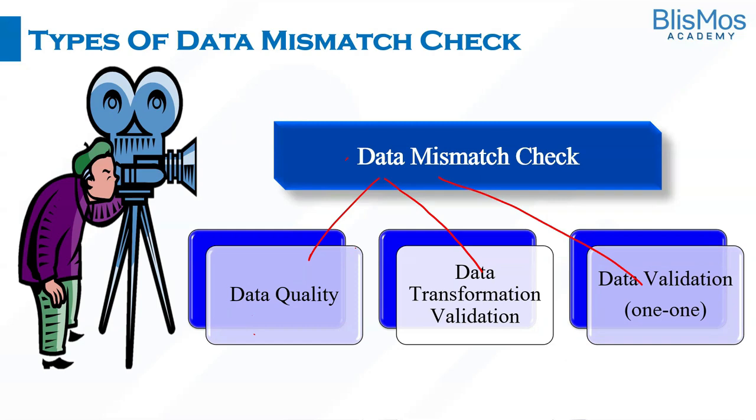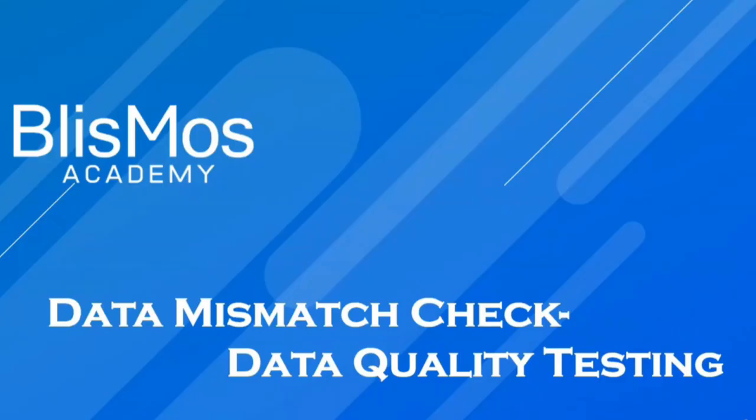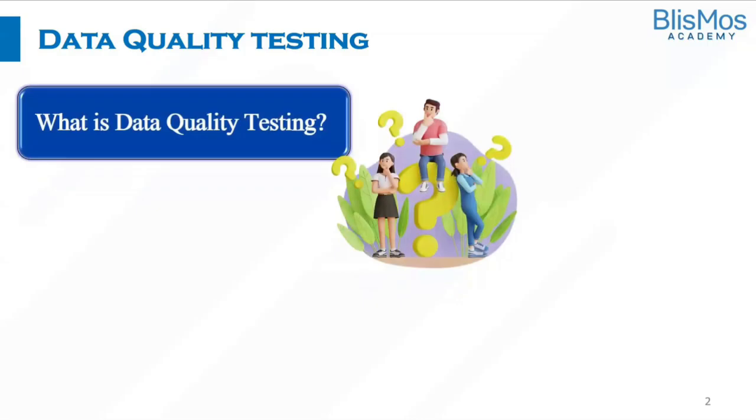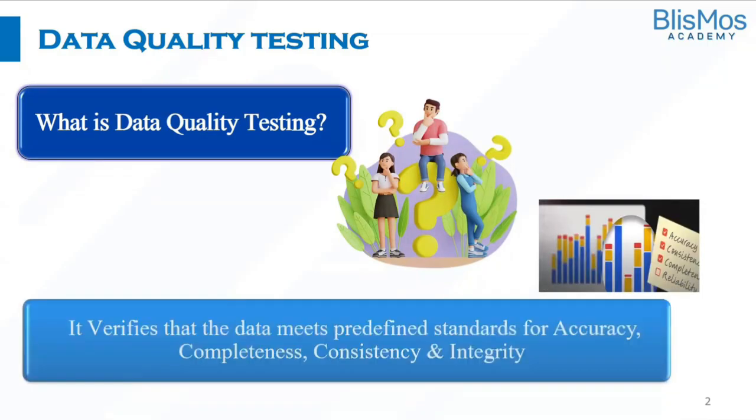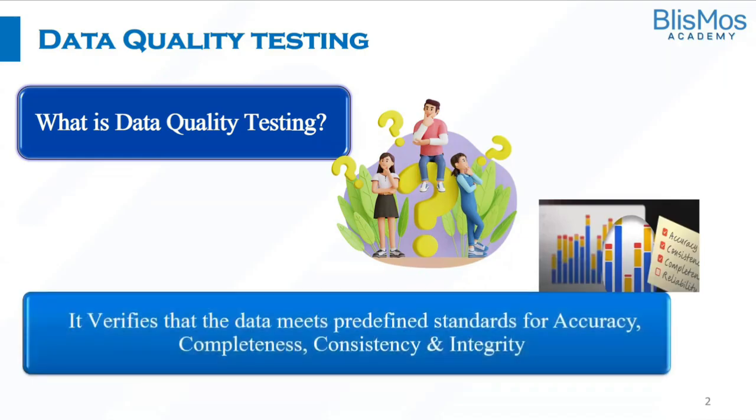This is one of the classifications which we have done based on our experience in data engineering and data testing. When I say data quality, what is data quality testing? Data quality testing verifies if the data meets predefined standards for accuracy, completeness, consistency, and integrity.